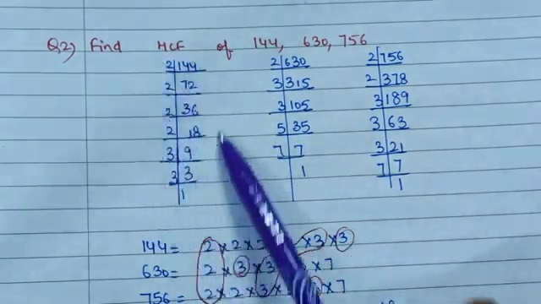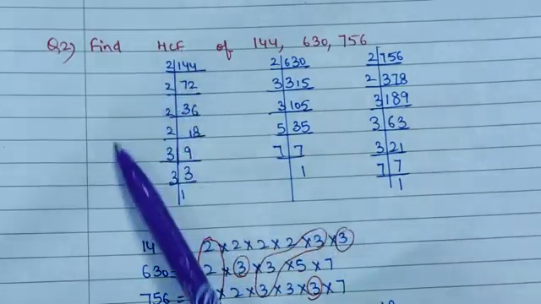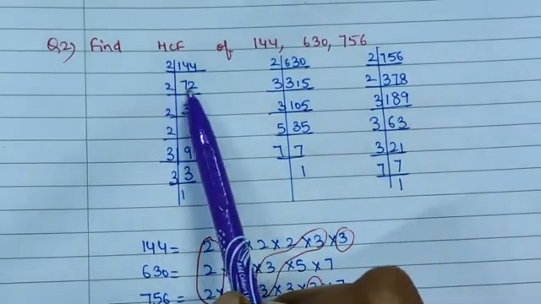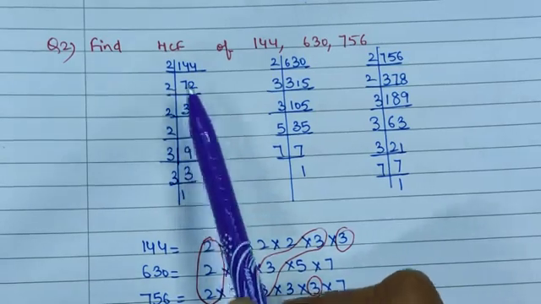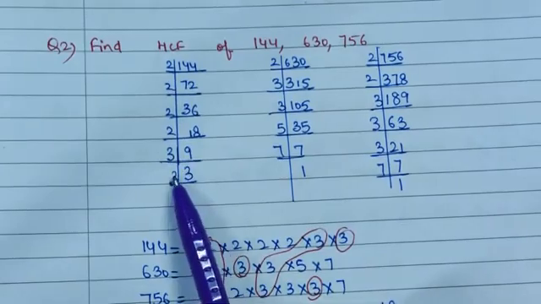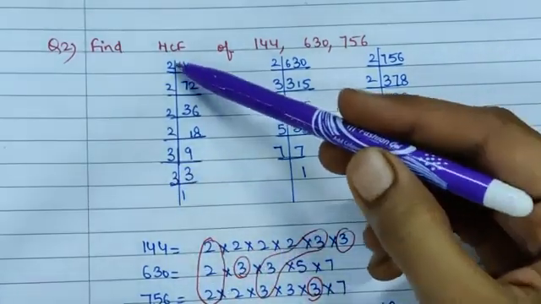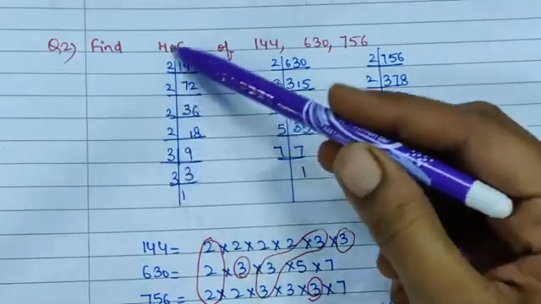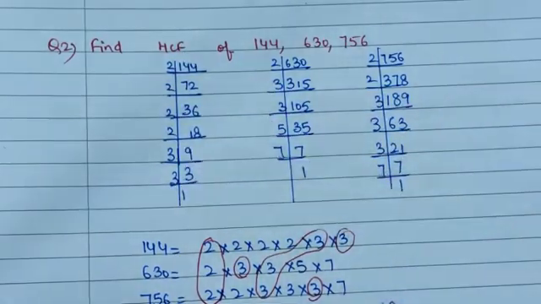First of all, let us find the prime factorization of 144. That is 2 into 72, then 2 36, 2 18, 2 9, 3 3, 3 1. Keep this thing in mind that we have to take only prime factors here because we are finding the prime factorization.